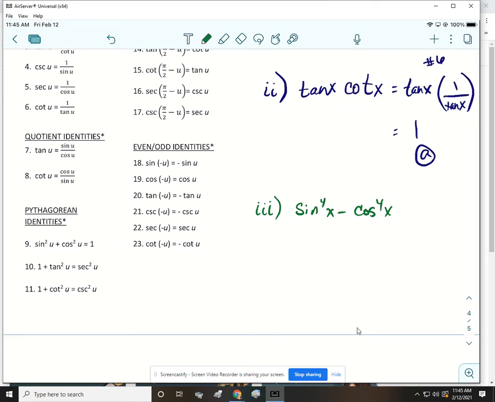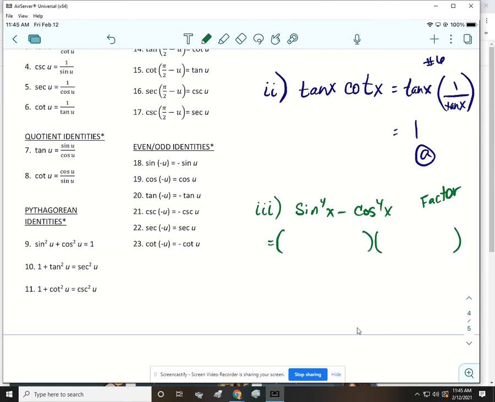So right now, we can't really do too much, but what we want to do, and we'll focus a whole day on this later, is factor this. This is the difference of squares. So I'm going to do 2 parentheses.